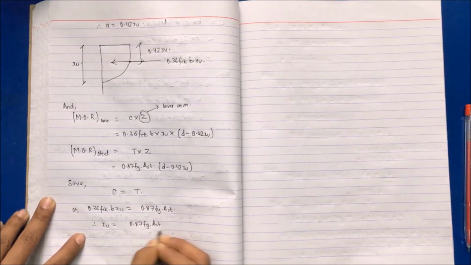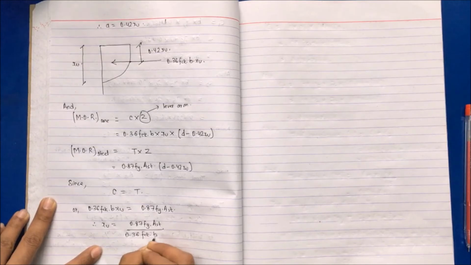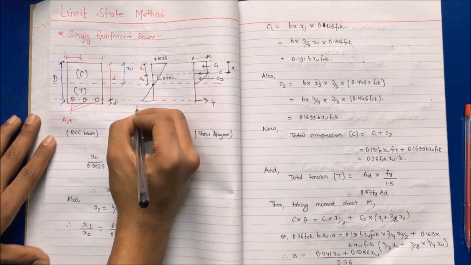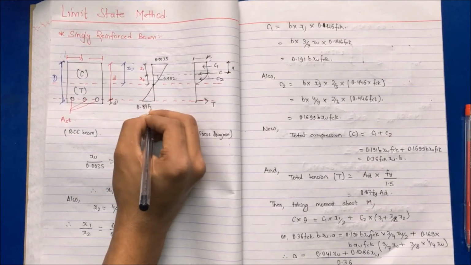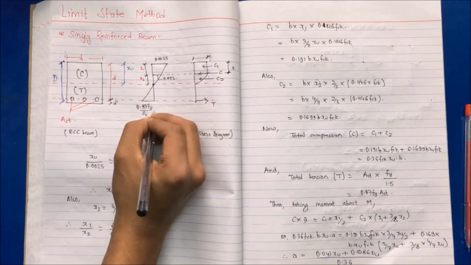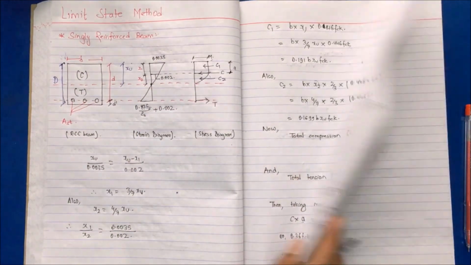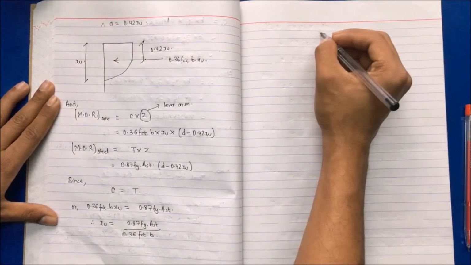We get XU as 0.87 FY AST divided by 0.36 FCK B. We have to consider that the maximum strain in the tension reinforcement in the section at failure shall not be less than 0.87 Fy by Es plus 0.002. Here Fy is yield stress and Es is elastic modulus.